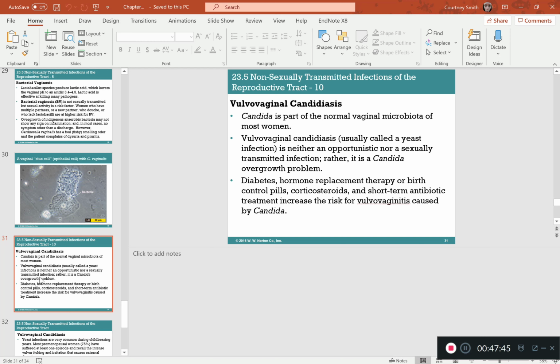And vaginosis is pretty much a woman's disease, although men can get yeast infections. It's just more difficult for them based on their anatomy. So that's the big difference between bacterial and fungal vaginosis.